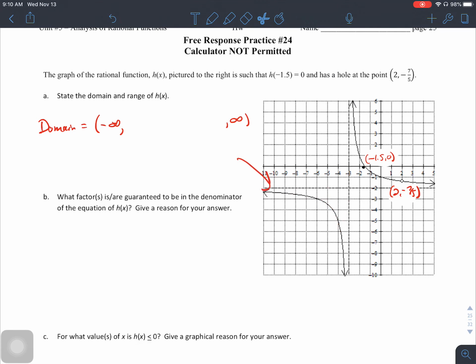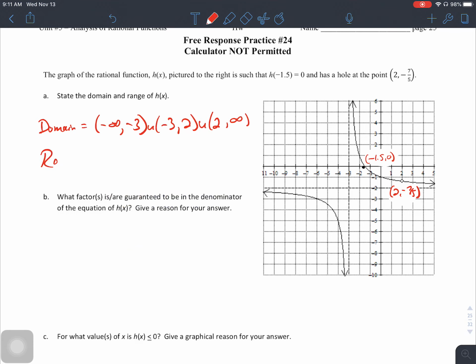So the domain goes from negative infinity to negative 3, hops over negative 3, and then it continues until it gets to 2, and it's got to hop over 2. And then it goes from 2 to infinity because there's no more restricted values.